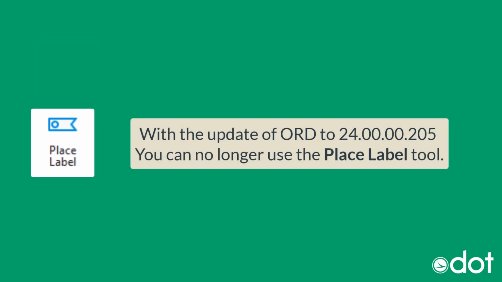If you are a longtime user of OpenRoads Designer, you'll notice in the past we've been able to use the Place Label tool to annotate certain civil elements within the DGN file. Whereas now within ORD 2024, you'll notice when you try to use this civil label tool, it'll no longer be able to annotate those civil elements.